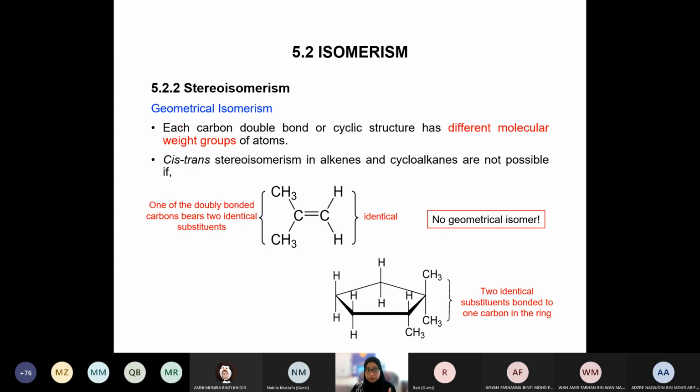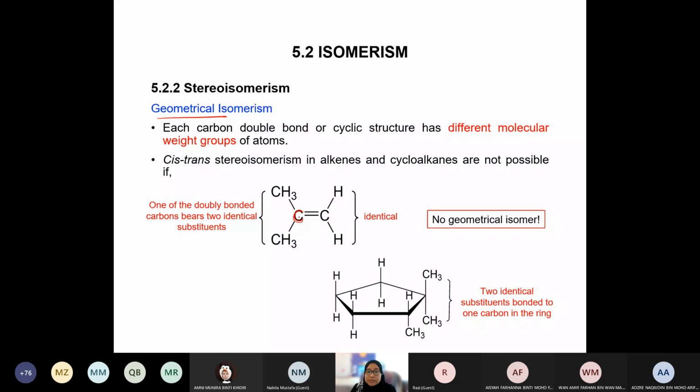Syarat pertama, in order to have geometrical isomerism, okay guys, the molecule needs to have double bond. We are talking about open chain. Open chain maksudnya bukan cyclic lah. Kejap lagi kita go for cyclic. So you need to have double bond, and then secondly, the carbon that is attached to double bond, dia mesti attached to two different group.